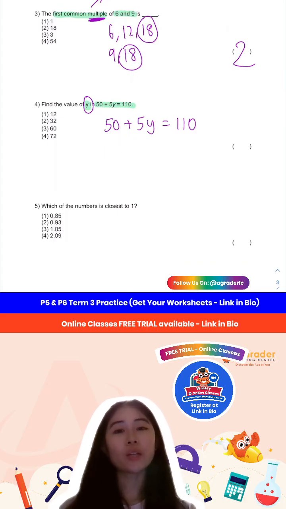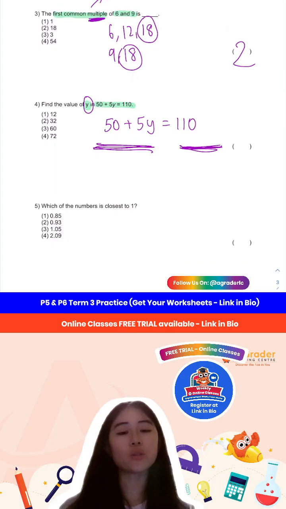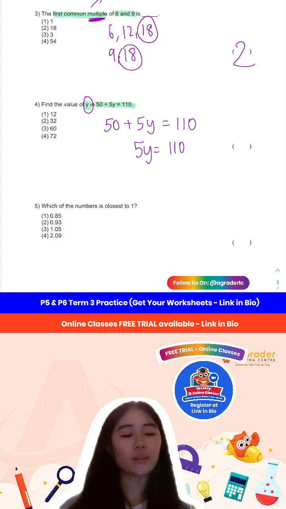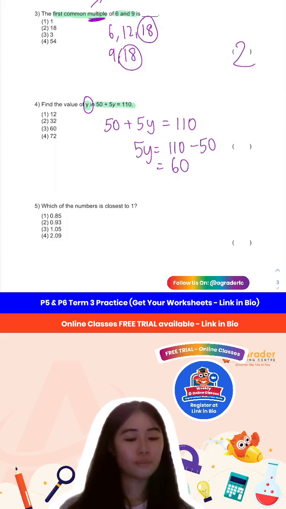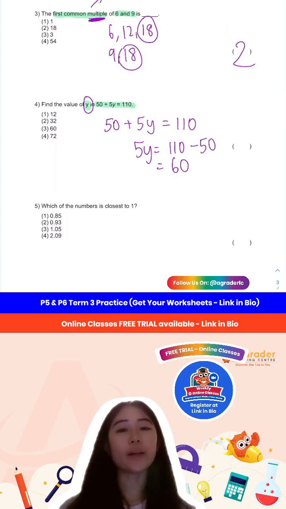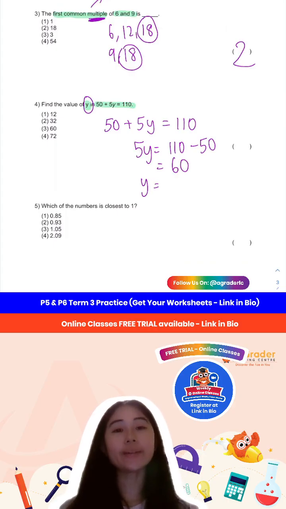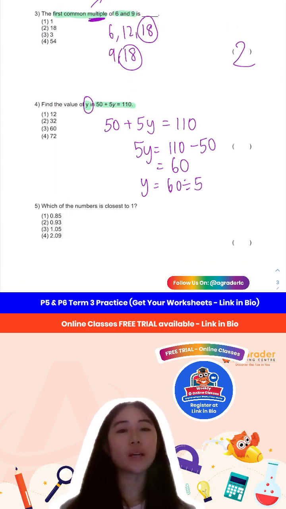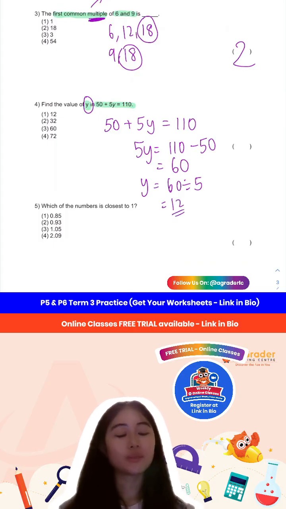If on the left side of the equation you minus 50, then on the right side you also have to minus 50. So I'm going to use 110 minus 50. You get 60 for 5y. Once you find 5y, you are able to find y by simply dividing by 5. So 60 divided by 5 will give you 12, and that is the answer. Option 1.